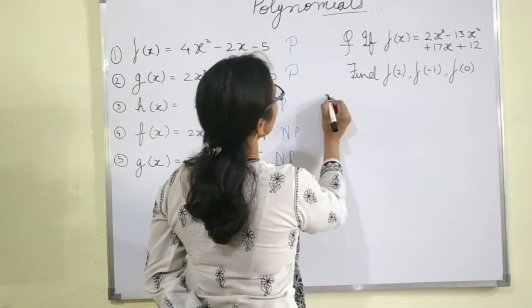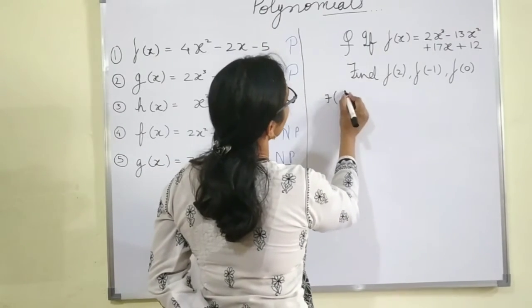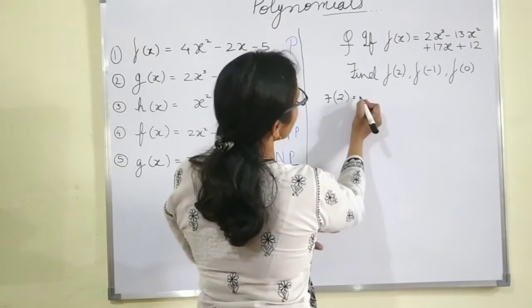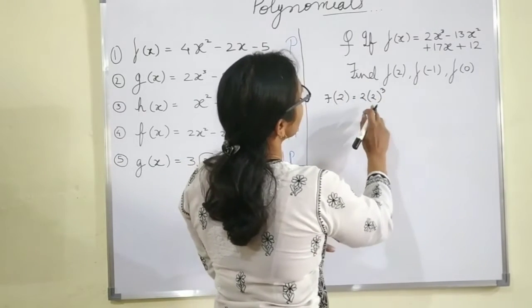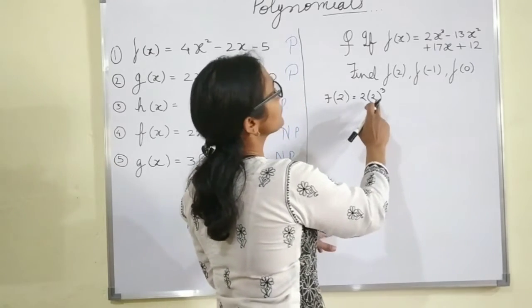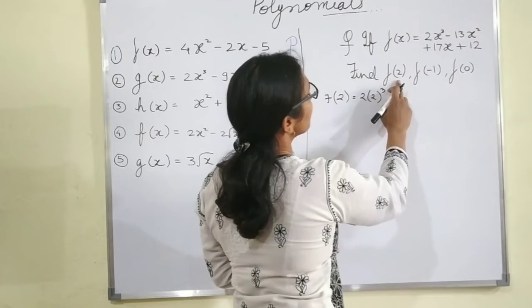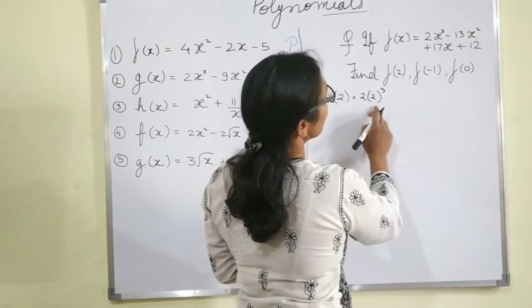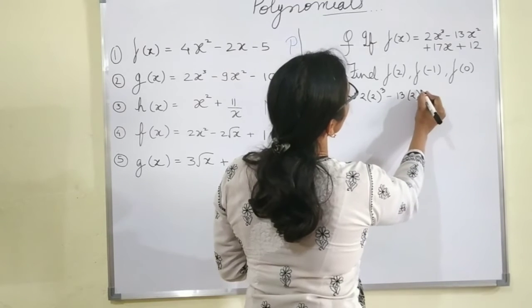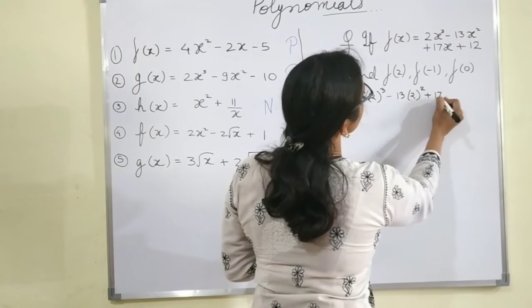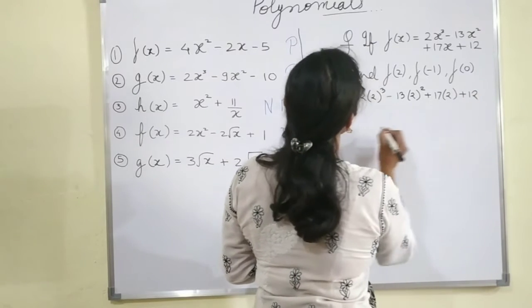So f(2) equals 2 into 2 to the power 3. Just now I told to substitute the value of x. The value of x I am putting here is 2. So 2 into 2 cube minus 13 into 2 square plus 17 into 2 plus 12.